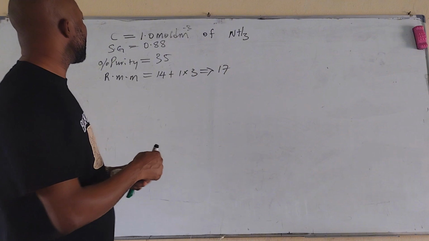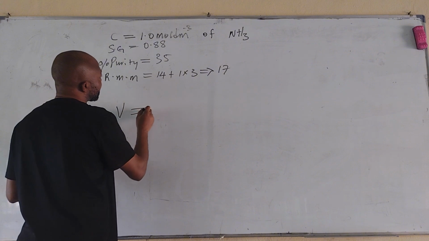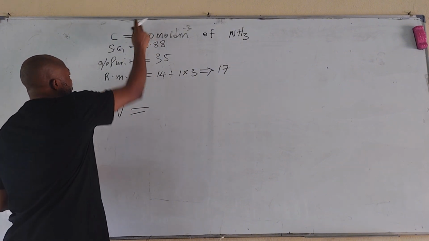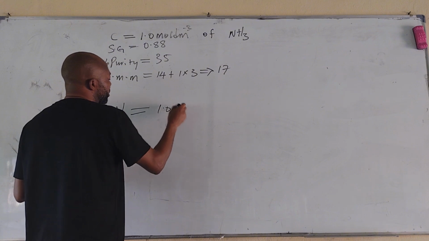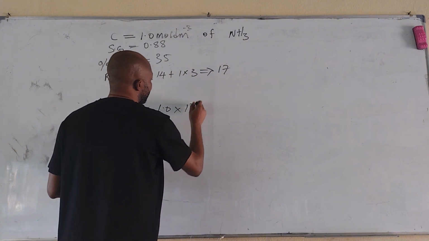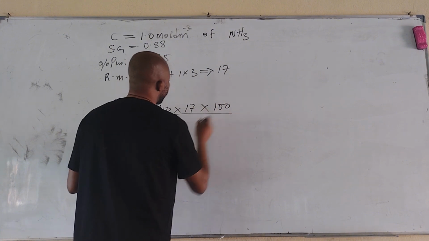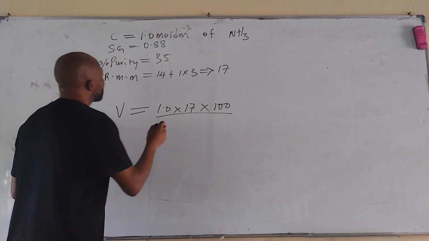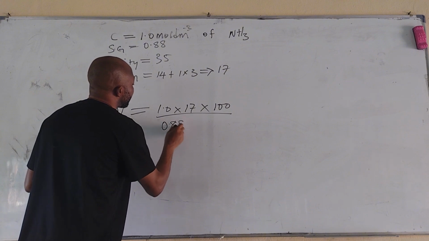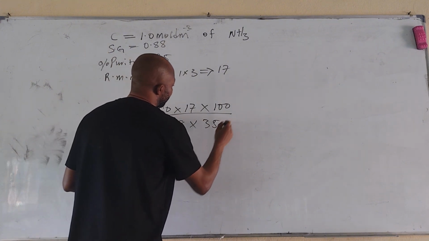Now, using our formula, the volume concentration becomes the required concentration, which is 1.0, times relative molecular mass, which is 17, times 100, all over specific gravity, which is 0.88, times percentage purity, which is 35.